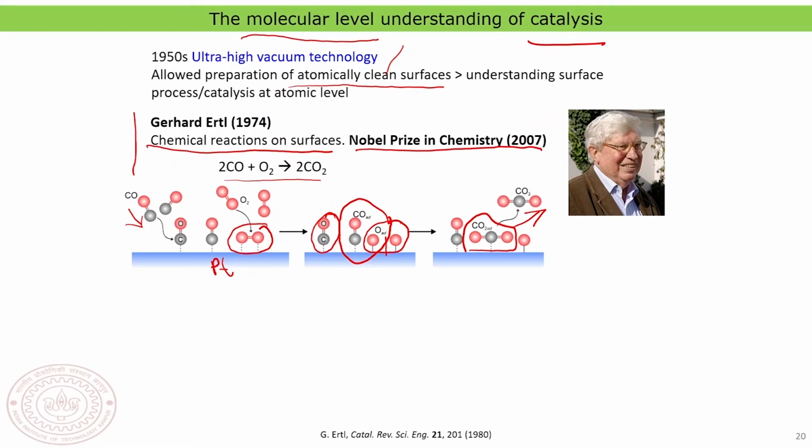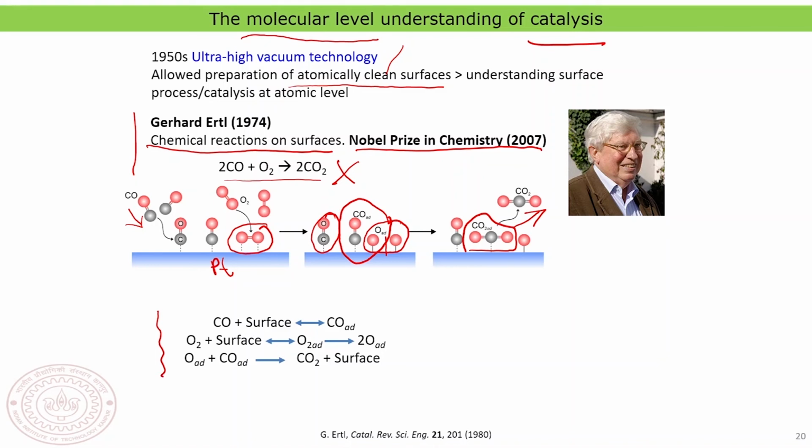Now, this is not anymore the way you should be representing the chemical reaction. Instead, we should include the surface. When you include the surface, the chemical reaction is represented like this, where the carbon monoxide first adsorbs on a surface site and forms an adsorbed carbon monoxide species.